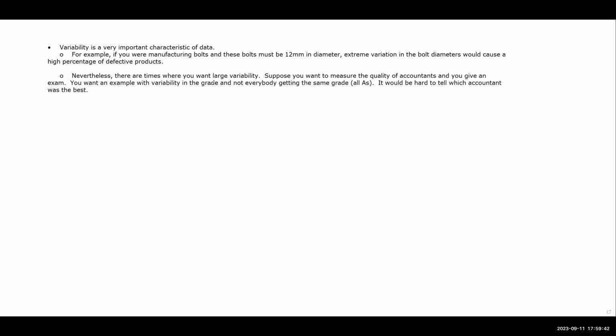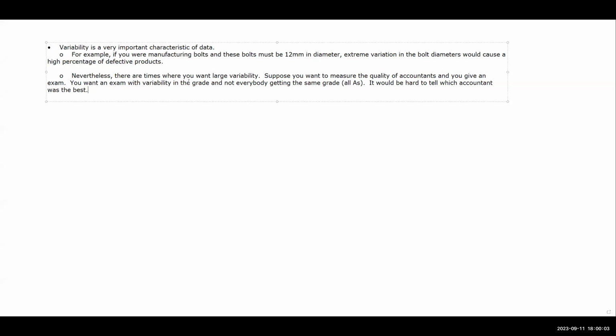However, there are times where you may want large variability. Suppose you want to measure the quality of accountants and you give an exam. Oops, not example.